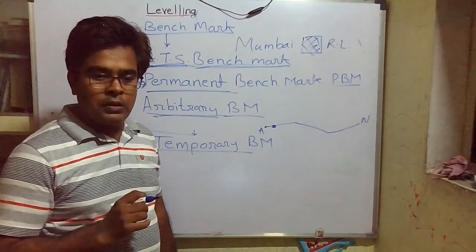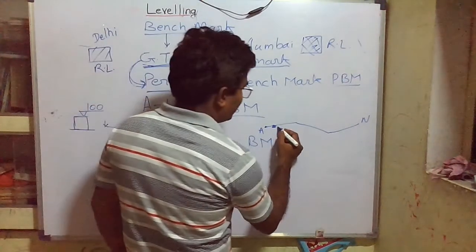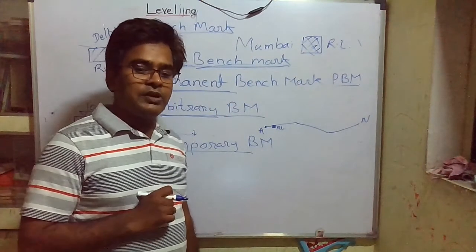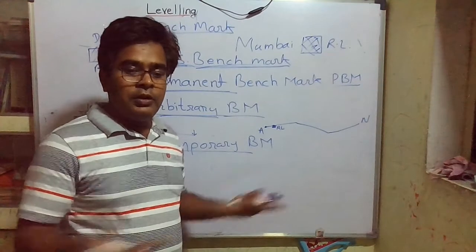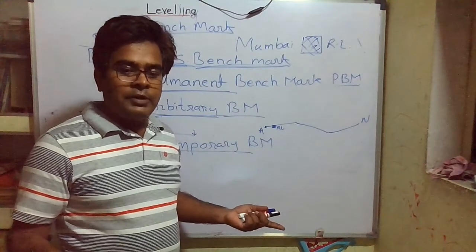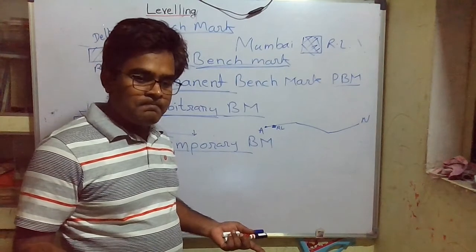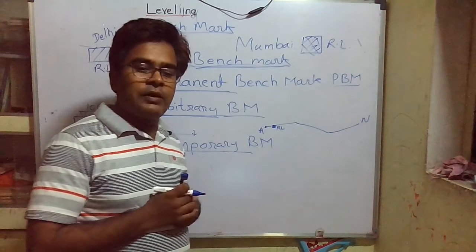If we want to mark the RL of this point at some fixed, permanent location, then after waking up in the morning we will search for that point. Where is that point? And we will not get it easily.